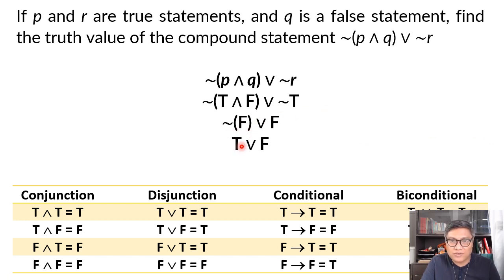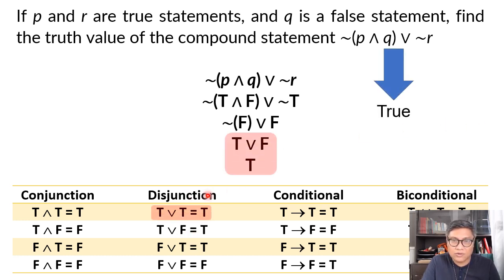And what we have now is true or false. So in this case, we are already done with our and because we already simplified this one. So what remains now is our or, a disjunction. So again, true or false, then under the disjunction, true or false is this one, then it is now a true statement.